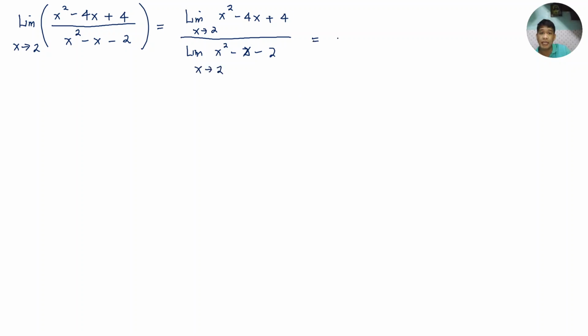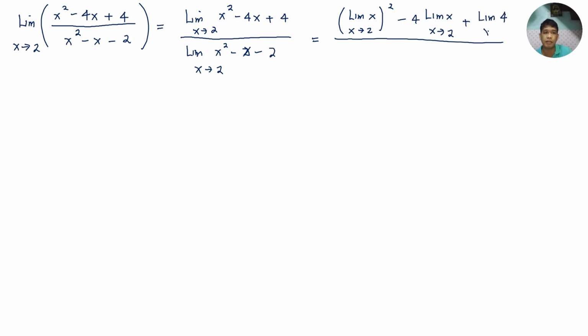And then applying further, we have the first term as x approaches 2, squared. When there is an exponent, we just take the limit of the base. Minus the constant 4 times the limit of x as x approaches 2, plus the limit of the constant 4 as x approaches 2.